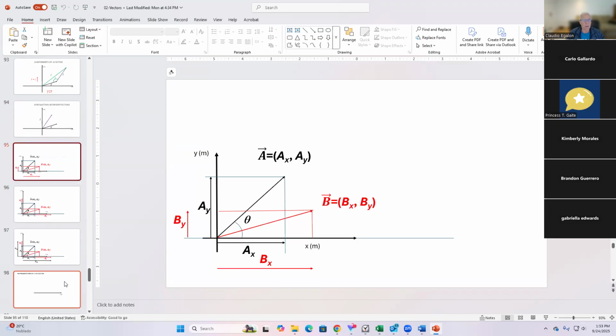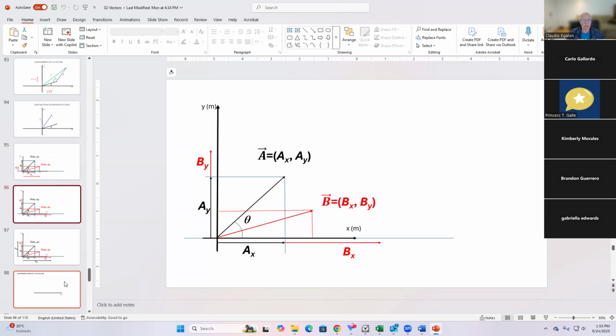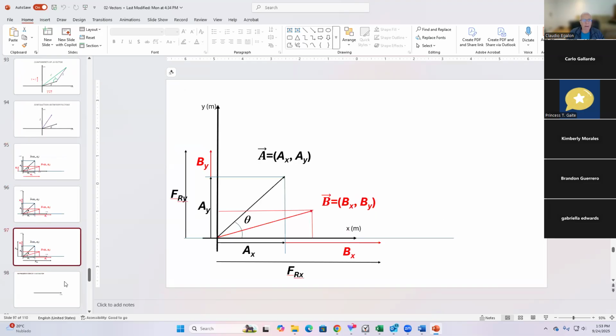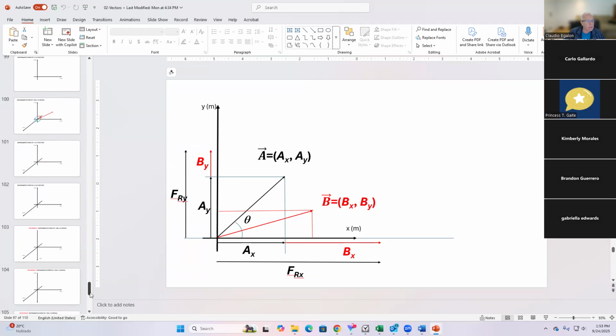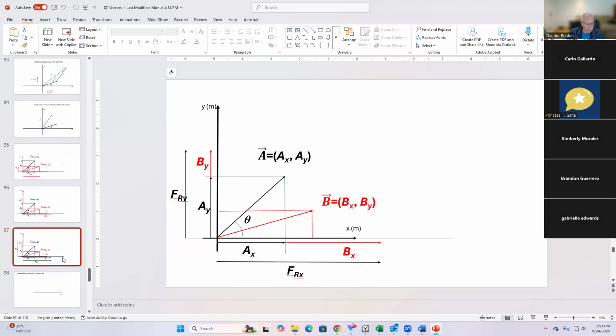So here I'm just displaying the components of the vectors, ax, ay, bx, by, right? We can sum the components of those two different vectors and obtain a final vector that's going to have this component here plus this other component.